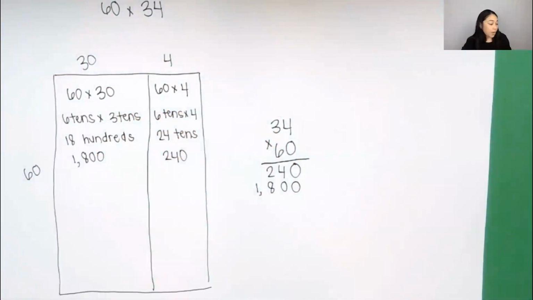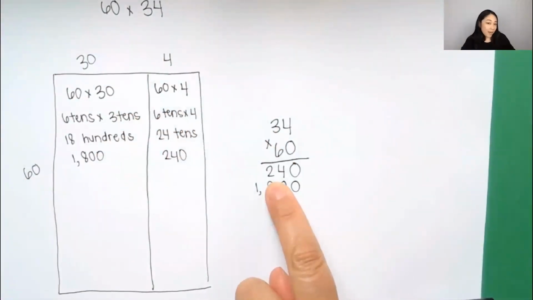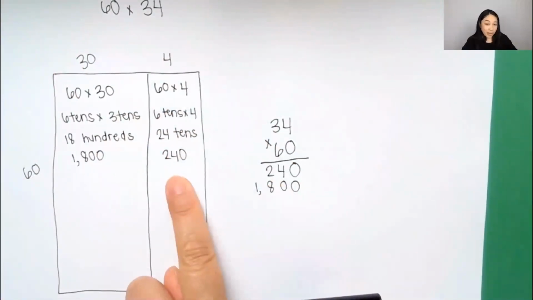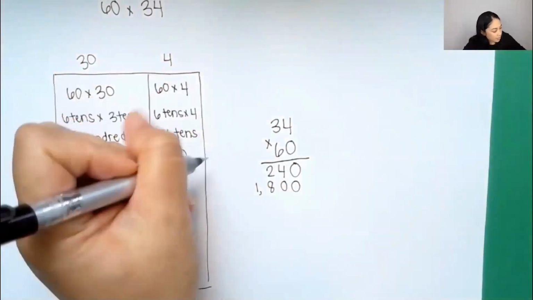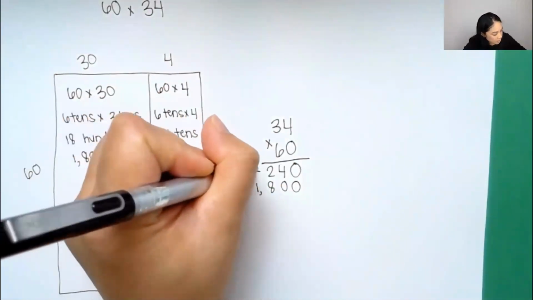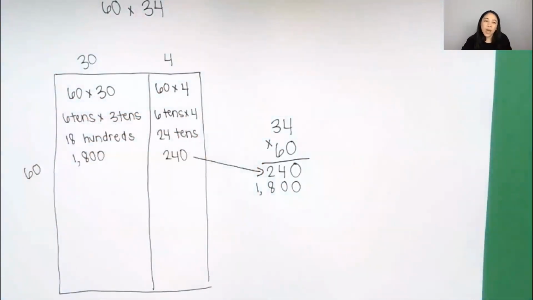Remember, the partial product of 240 represents the area of this small rectangle. What does the partial product of 1800 represent? 1800 represents the area of the larger rectangle.